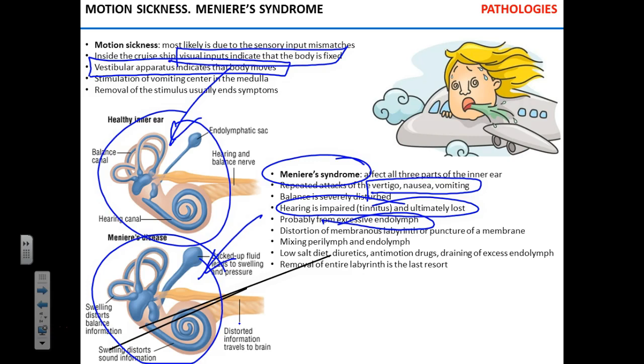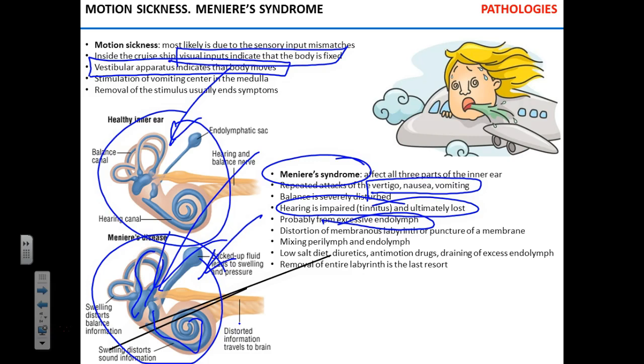Diuretics, low salt diet, anything that prevents accumulation of fluid in the endolymph may help, but it is temporary relief, and often the entire labyrinth is removed. So inputs from one labyrinth will be ablated. Does that make sense?